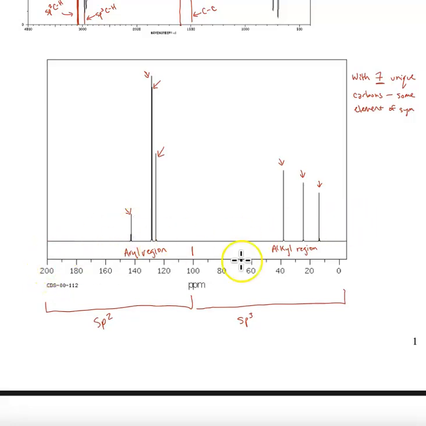Moving down the chart from left to right, between 200 and 100 is our sp2 hybridized carbon region, and between 150 and about 120 is our aryl region. So this is another piece of evidence that we might have a benzene ring, an aromatic ring, in our molecule.